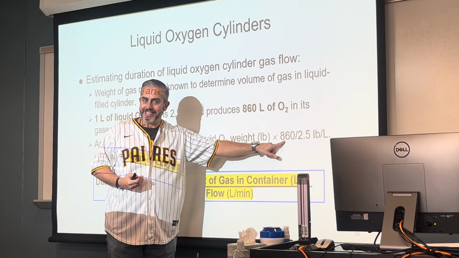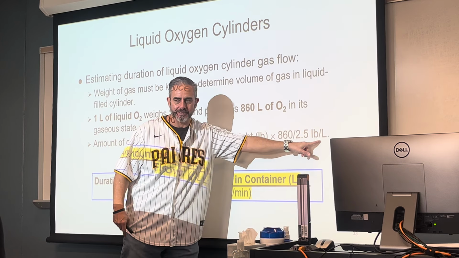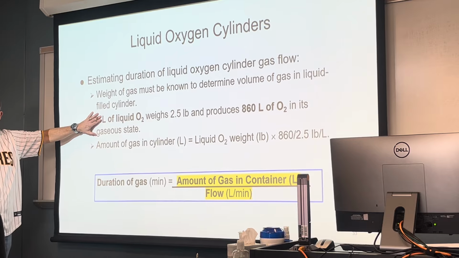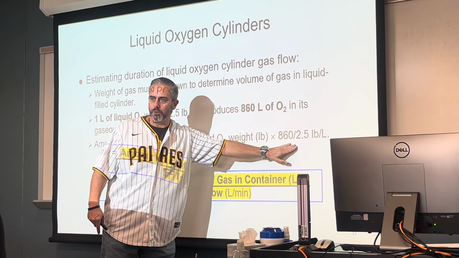Now, in case you're wondering where those numbers come from, they came from this part of the equation: 1 liter of liquid O2 weighs 2.5 pounds, produces 860 liters of gaseous oxygen. I'm not going to ask this piece in any sort of question, but it's why you need it for this part of the equation.